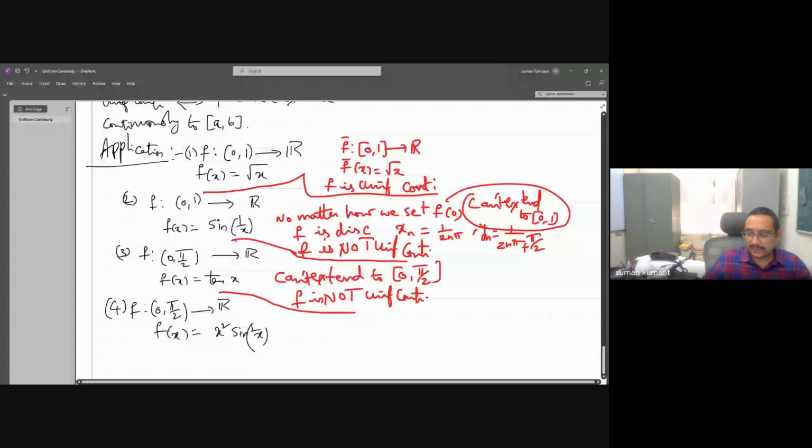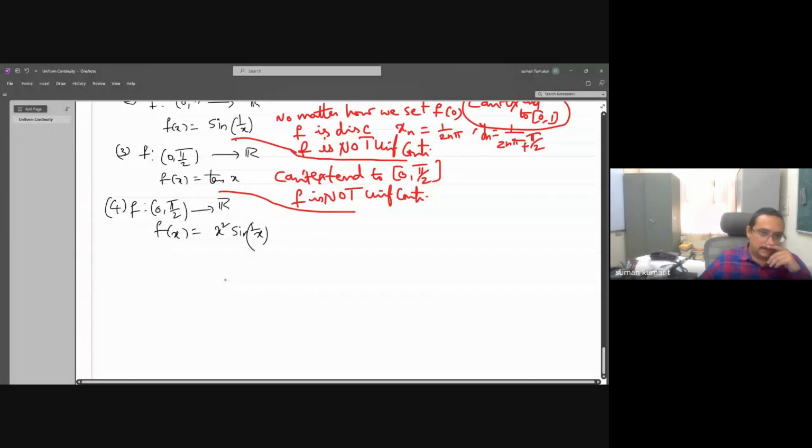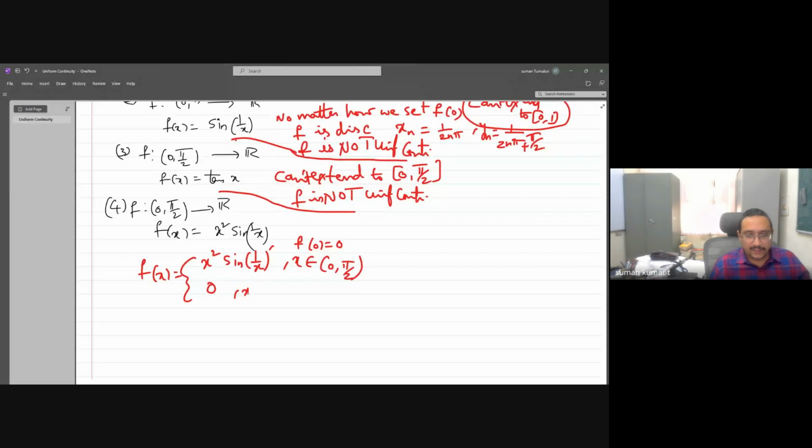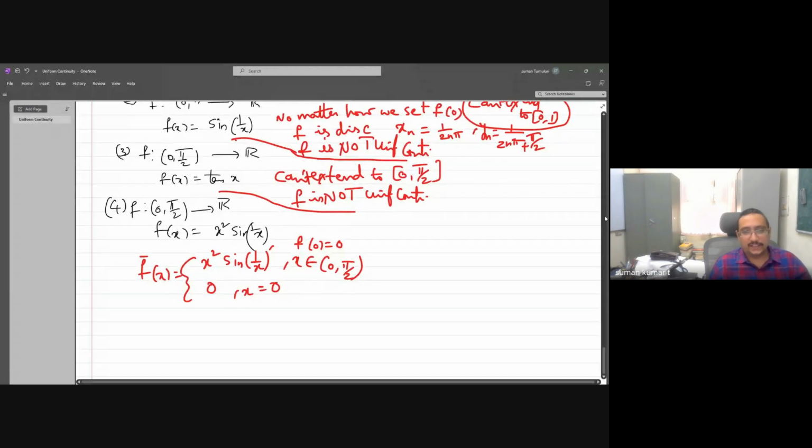And then here, for the last example, f of x equal to x square sine 1 by x. If you put f of 0 equal to 0, and f of x equal to this when x is between 0 and pi by 2, you define a new function like this.